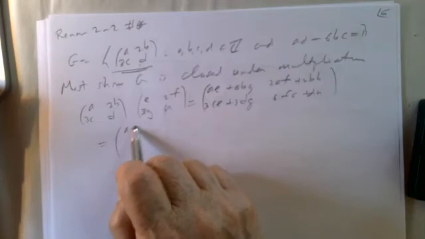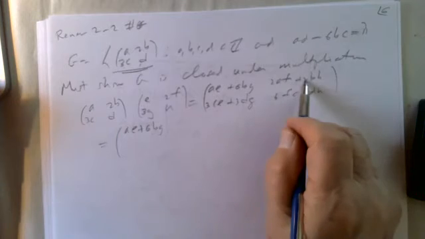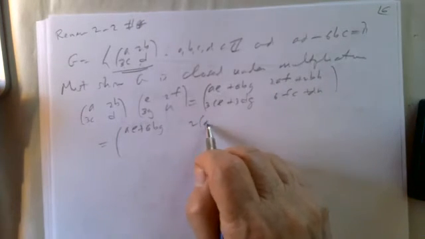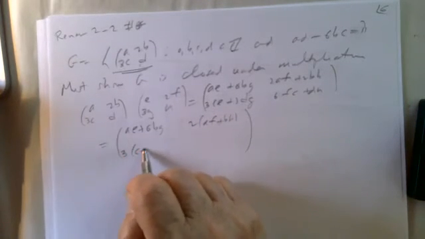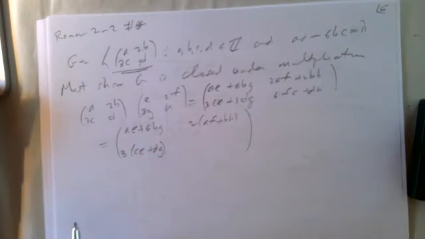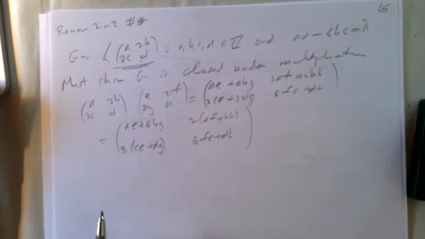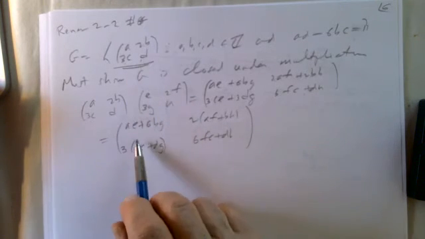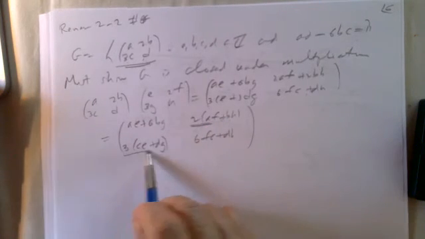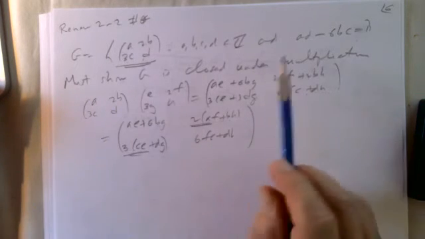If you look at this, my first coordinate is an integer. My second coordinate is 2 times af plus bh. This coordinate is 3 times ce plus dg, and this coordinate is 6fc plus dh. So when I multiply two elements of this set, I get a matrix where this coordinate is even and this coordinate is divisible by 3. And how do I know that the determinant is 1?